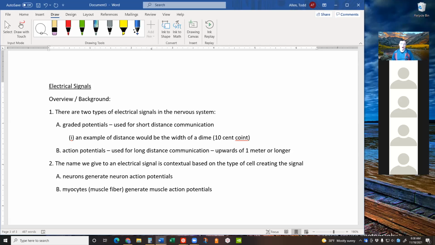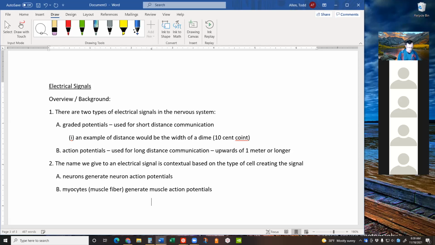Are there some subtle differences between the electrical properties of signals generated by neurons and muscle cells? Yes, there are some subtle differences. But for right now, we're not going to focus on the differences. We're going to focus mainly on the main idea of what an electrical signal is, and on our conversation here in the nervous system about what these things are.